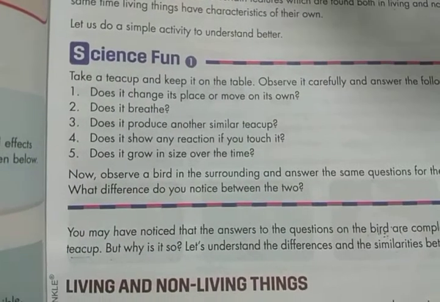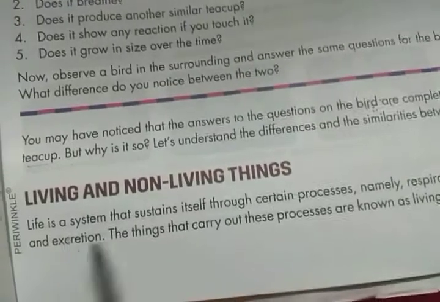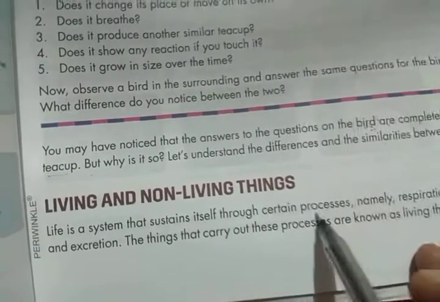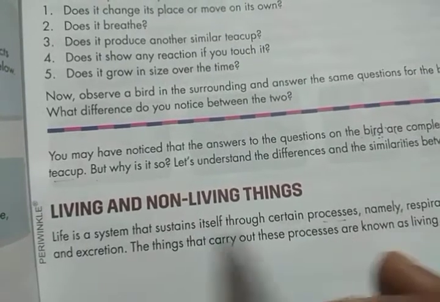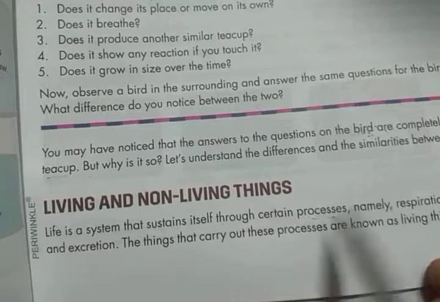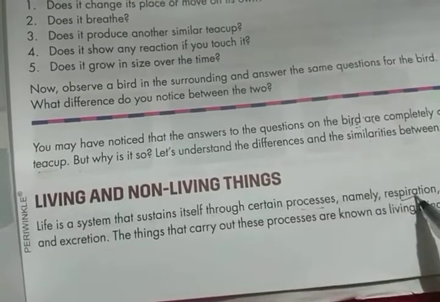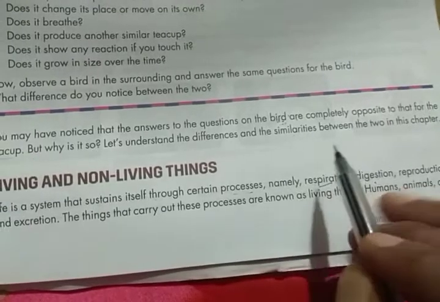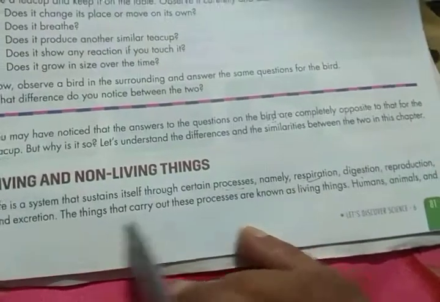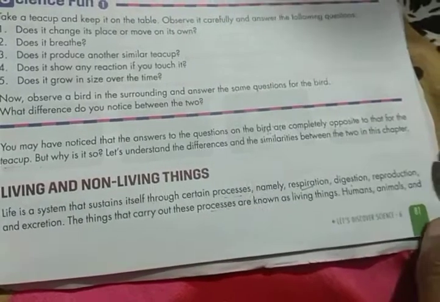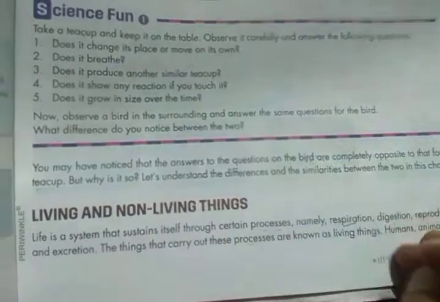Okay. So, life is a system that sustains itself through certain processes, like respiration, digestion, reproduction and excretion. The things that carry out these processes are known as living things. Humans, animals and plants are living things.